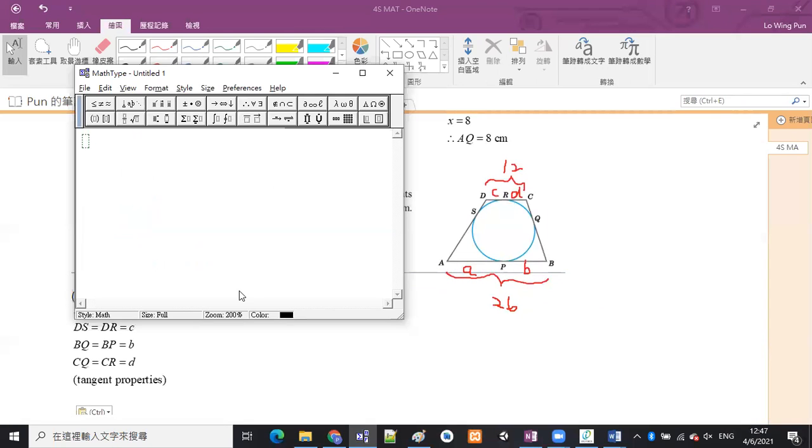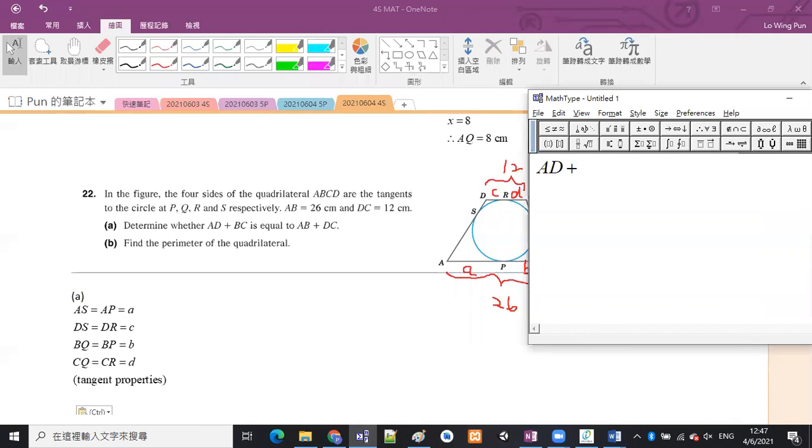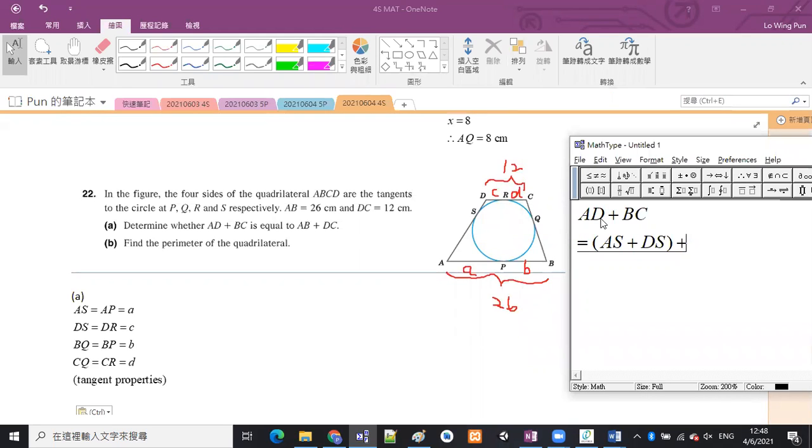The question asks us to determine AD plus BC. AD is composed of AS plus DS. And then BC is BQ plus CQ.